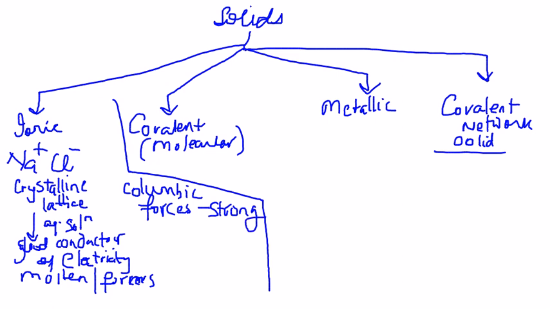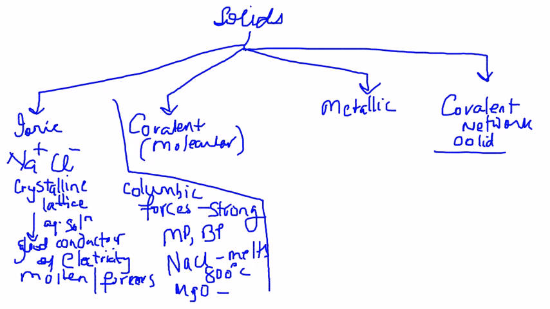And so what that means is that the melting point and the boiling point of ionic solids are going to be pretty high. Just to give you a flavor, sodium chloride melts at 800 degrees Celsius or so. And if you think about magnesium oxide, that melts close to about 3000 degrees Celsius.